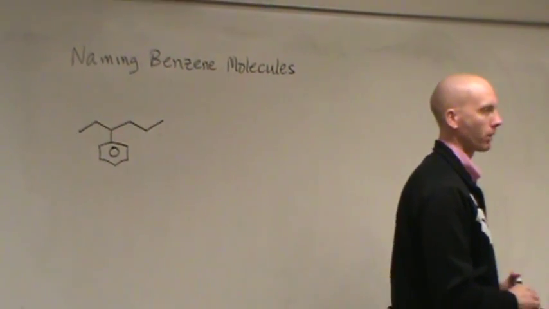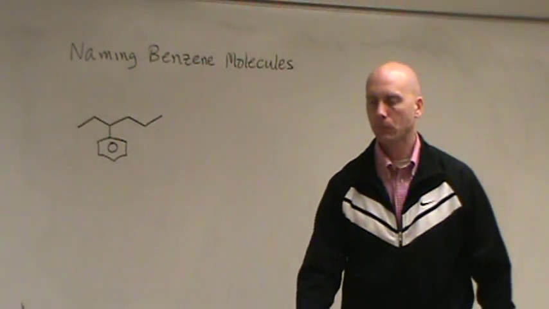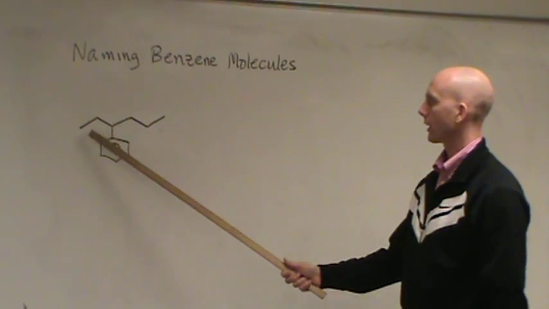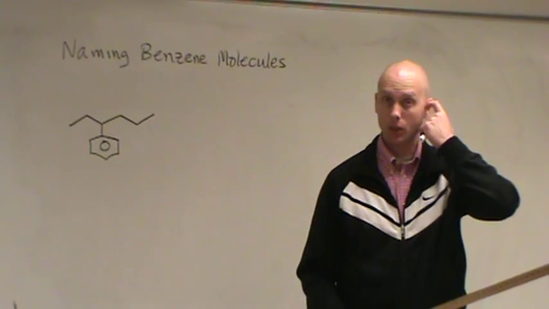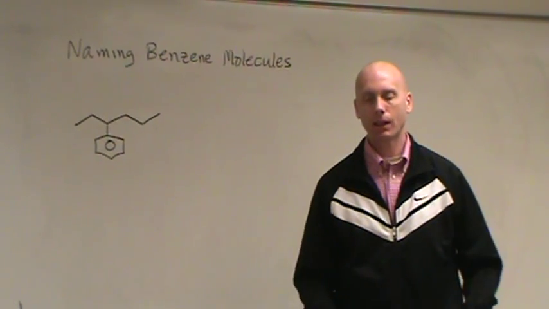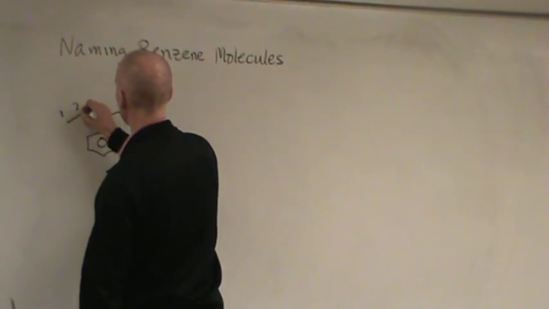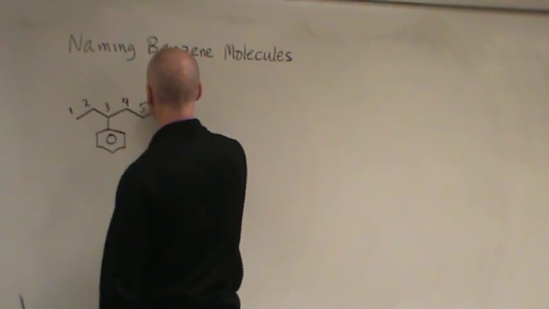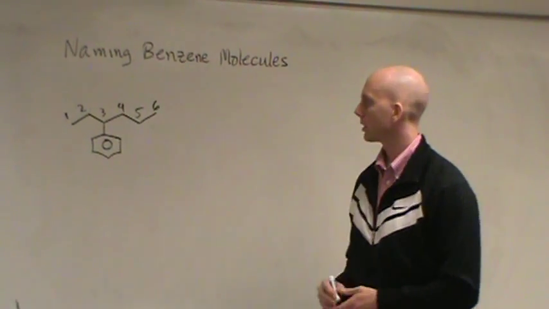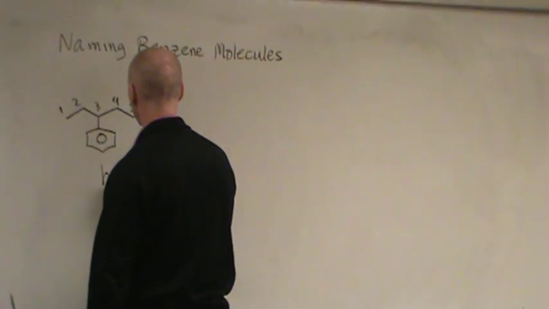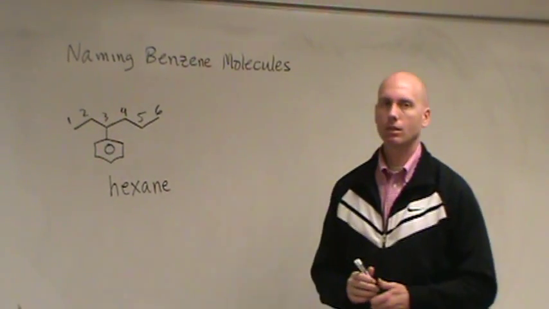Suppose we wanted to name this molecule. Okay? If you note on the benzene ring, you have this long carbon branch that would be very difficult to name. So here we're not going to name it as a benzene molecule. Here we're going to name this as a parent chain. And as a parent chain, there are 6 carbons, and so that gives us hexane.